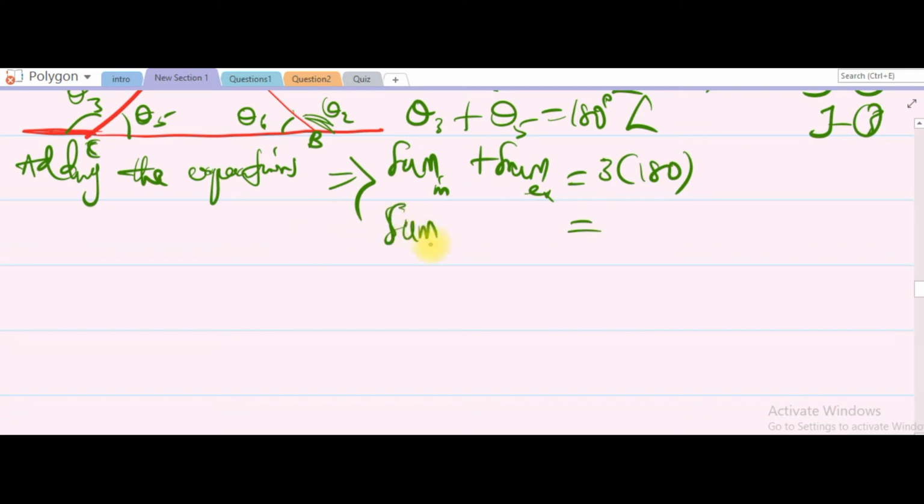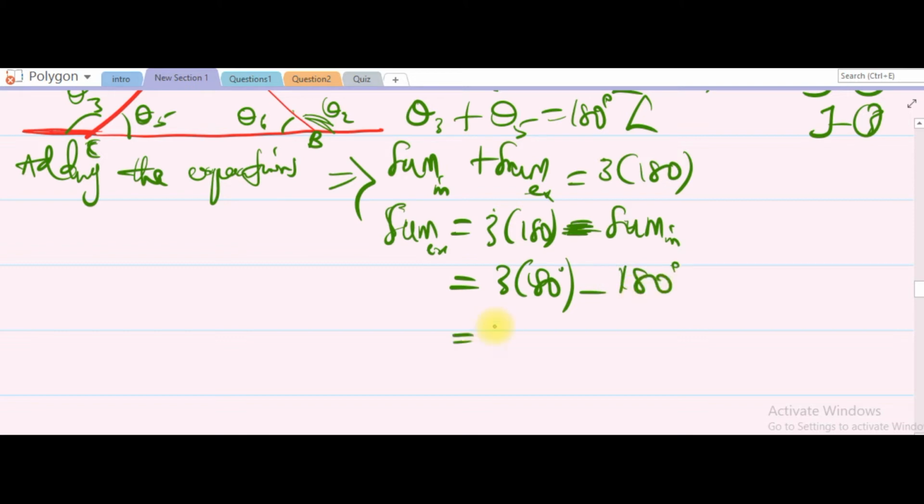Sum of exterior is now 3 times 180 minus the sum of interior. And remember, this is a triangle. The sum of the interior angles is 180. So we factor out 180. We have 3 minus 1, so finally 180 times 2.